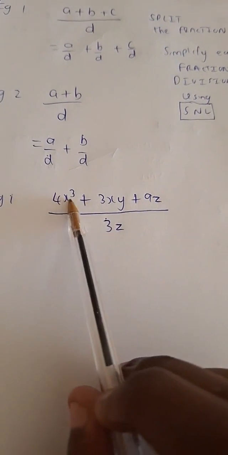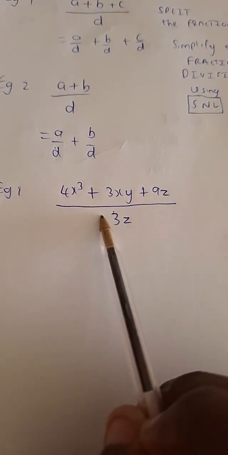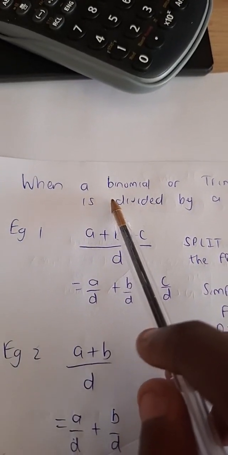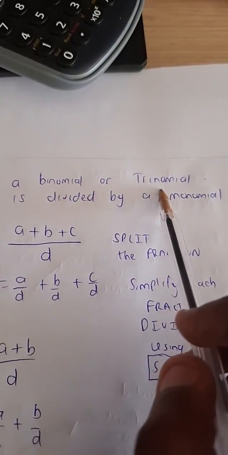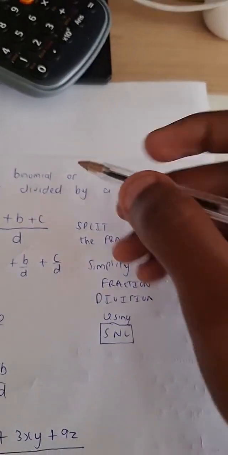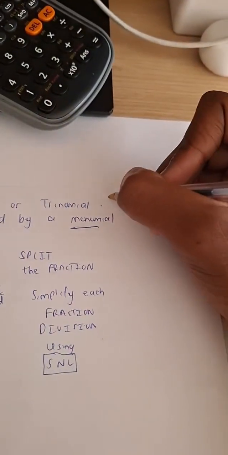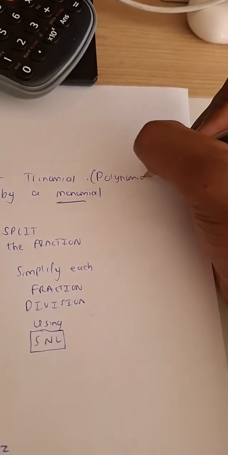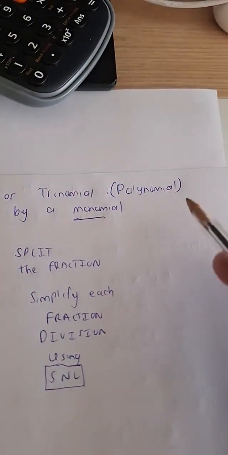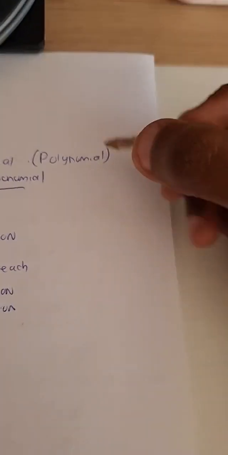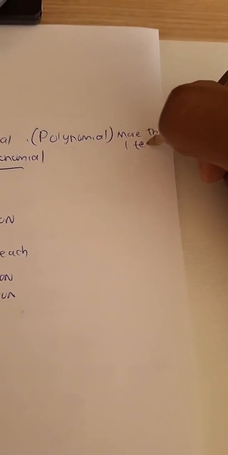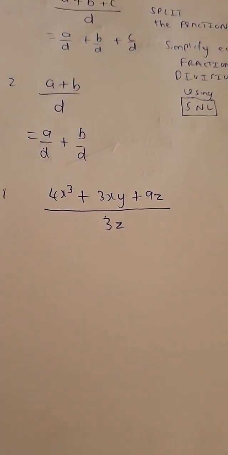In the numerator, you can see there are 3 terms. In the denominator, there is 1 term. This applies specifically when a binomial or a trinomial is divided by a monomial. In other words, when a polynomial, which encompasses more than 1 term, is in the numerator.